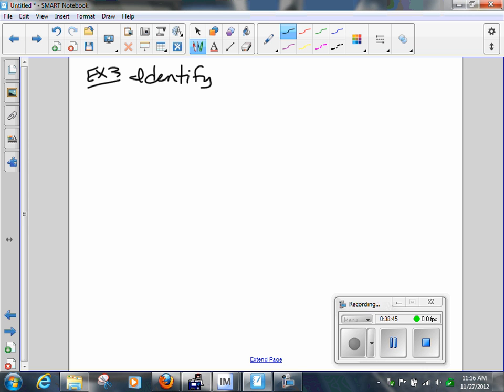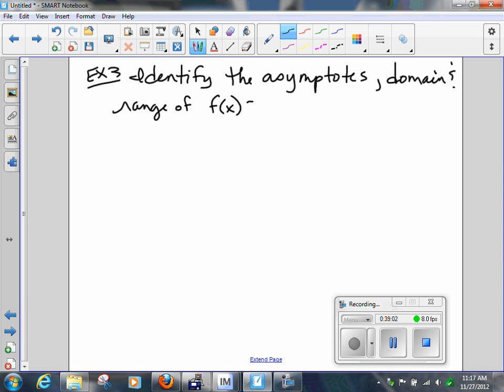All right, folks, identify the asymptotes, domain and range of f of x equals 3 over x minus 2. Do that one yourself. Find all those things.